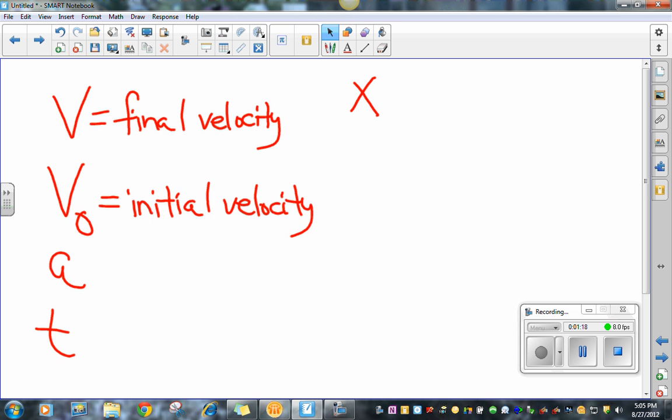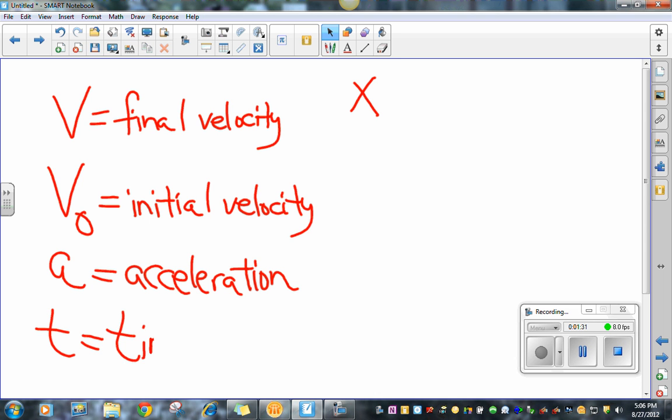A is your acceleration, okay? The usual units for that are going to be meters per second squared. T is time. It's a lowercase t. And X is your horizontal displacement. In some problems, you'll just see the word distance, okay?